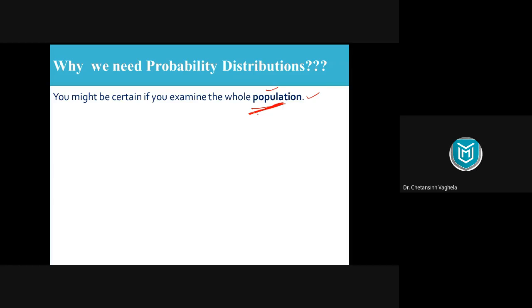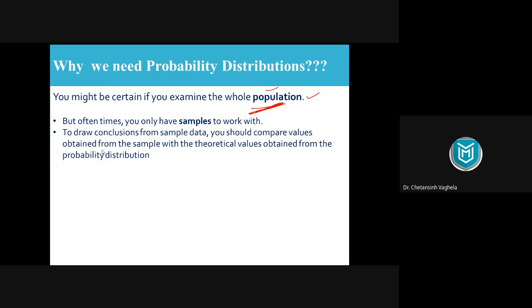So instead of dealing with the population, we are actually dealing with the sample. Oftentimes we only have the sample to work with, and to draw the conclusion from the sample data, you should compare the values obtained from the sample with the theoretical values obtained from the probability distribution. जो sample में जितनी भी values आपकी आ रही है, आप जो भी उसका mean find करें, median find करें, we need to compare that with the theoretical values of some specified probability distribution.